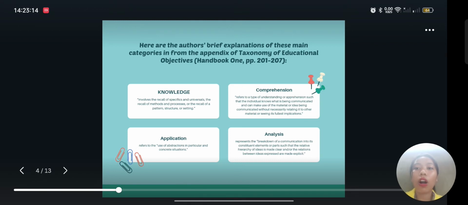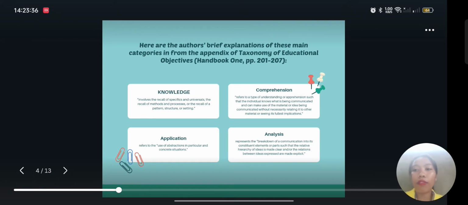Next, we have comprehension. It refers to a type of understanding or apprehension such that the individual knows what is being communicated and can make use of the material or idea being communicated without necessarily relating it to other material or seeing its fullest implications.